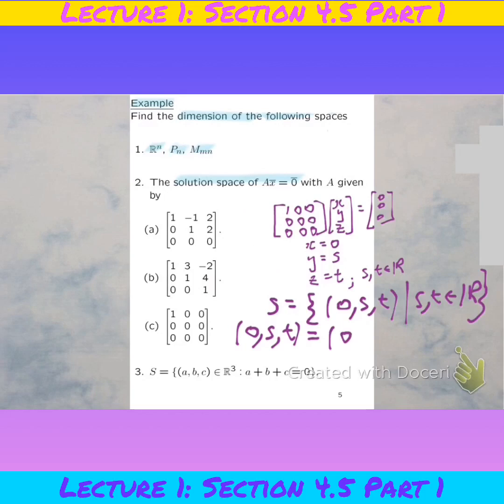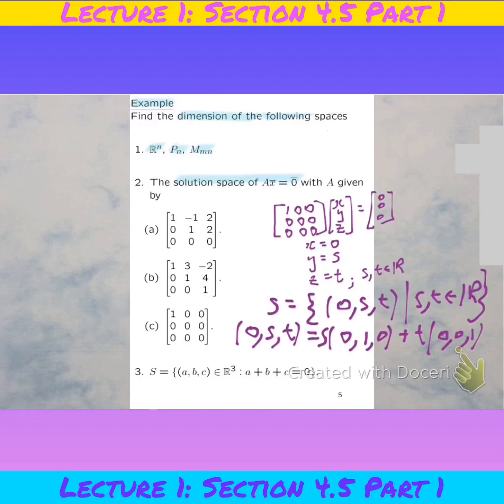It's the vector 0, 1, 0, okay, times a scalar multiple, which is S, plus a scalar multiple T times the standard unit vector.